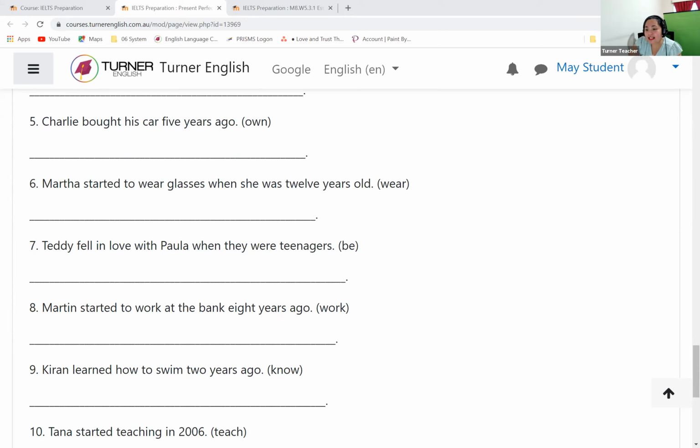Teddy has been in love with Paula since their teens. Good. Okay, DC, you cannot say "wearing" because we need to use present perfect. Martha has worn.